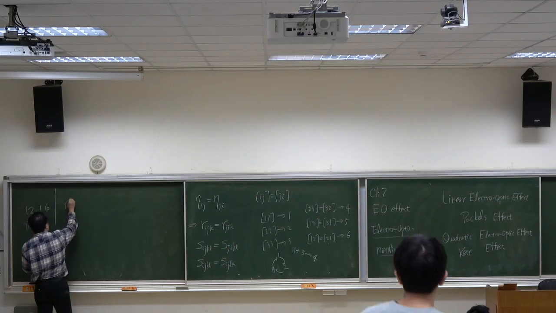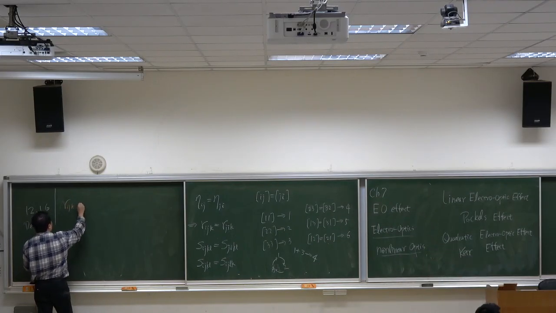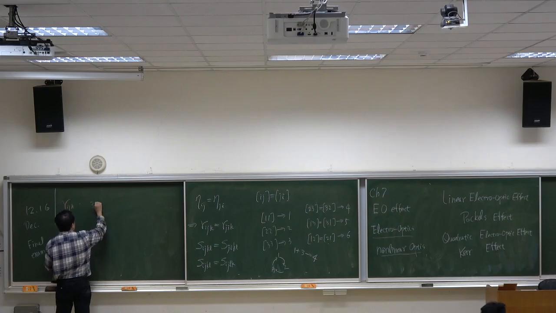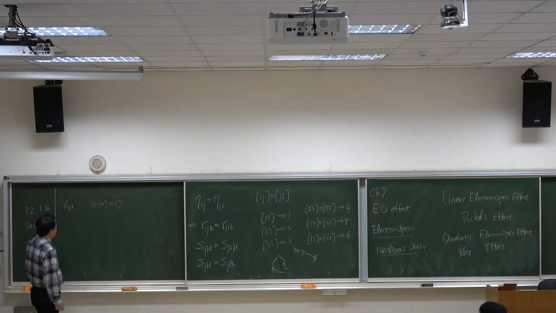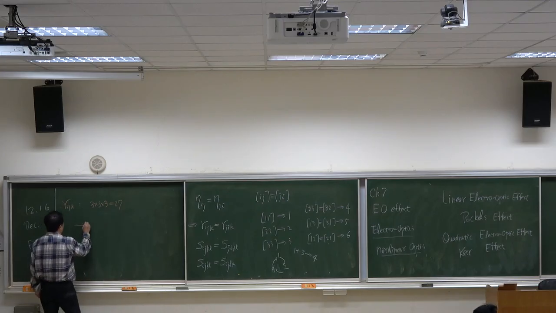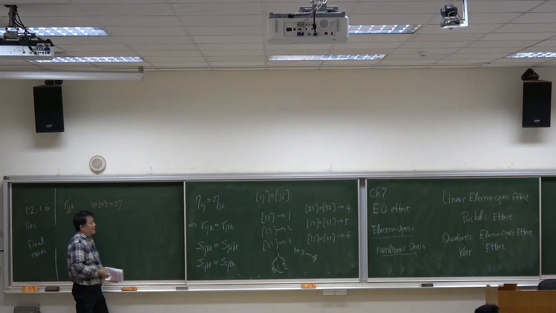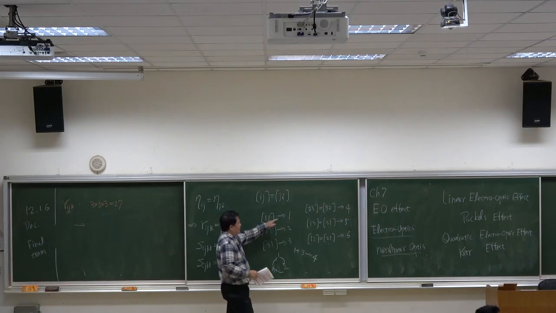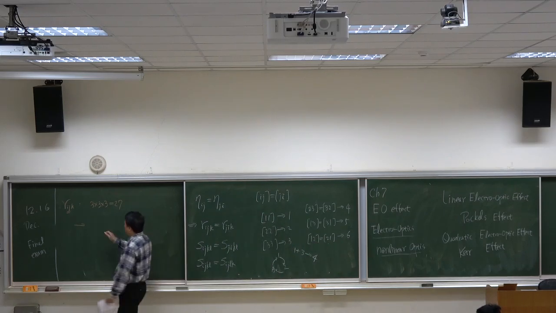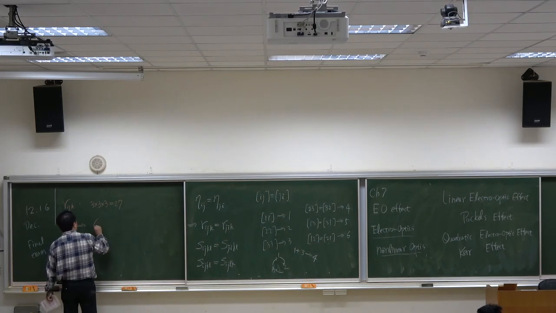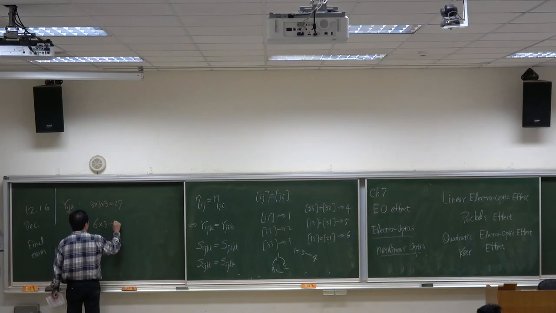So for Rijk, originally we have 3 times 3 times 3 equals 27 components. Now reduced to the ij pair, 1, 2, 3, 4, 5, 6. This becomes 6 and 3.